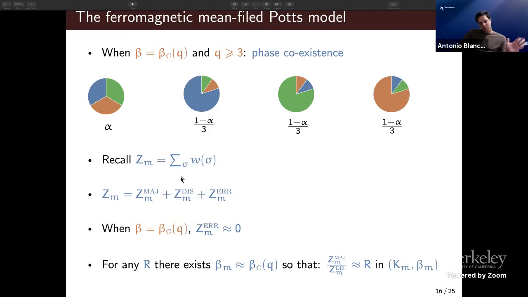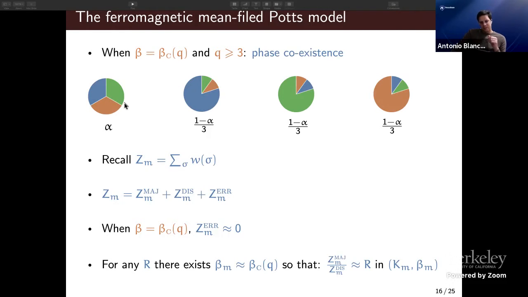It will be convenient for us to split the contribution to this partition function in terms of the majority configurations, which are going to be this type of configurations, or disordered configurations, which are going to be this type, or everything else, right? I'm not going to give the precise definition, but you can think of this as a summation that includes all the configurations whose signature is close to this type of vectors, where the disordered ones are the vectors that are close, with some notion of closeness, to this type of vector.